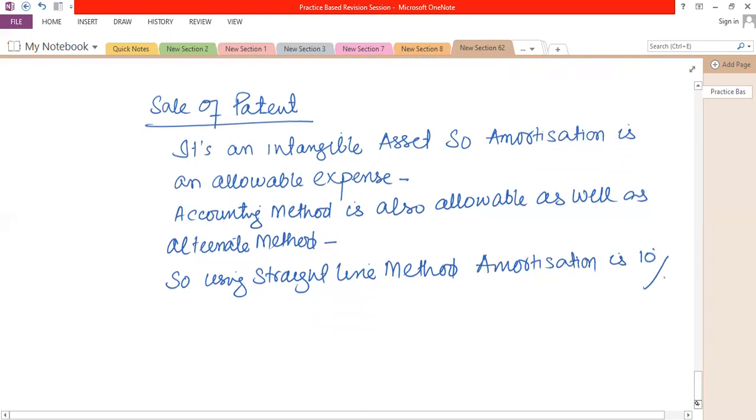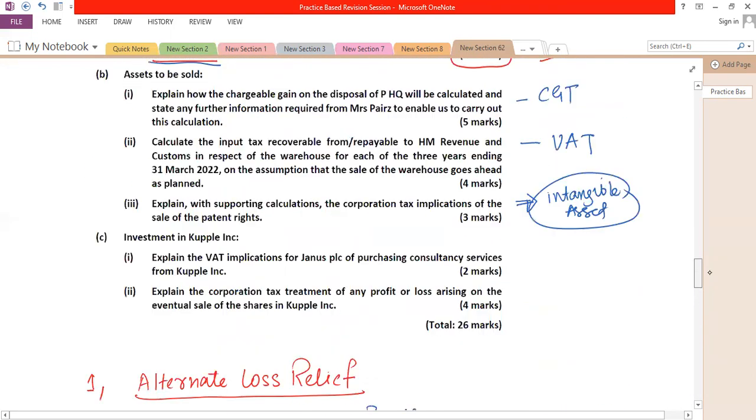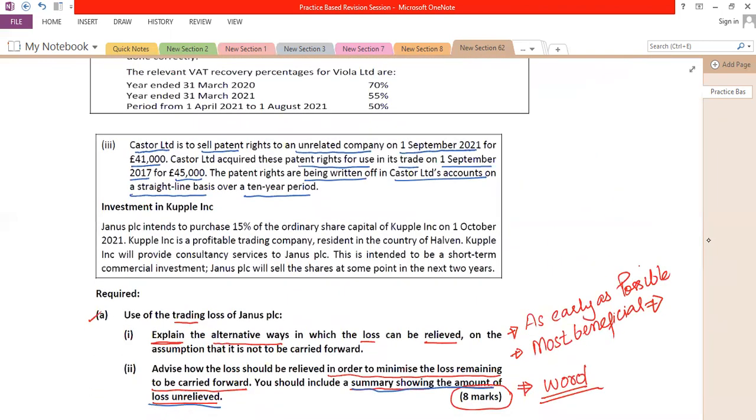Now, let's calculate the sale proceed. So what is my sale proceed? My sale proceed is 41,000. Amortization, for how many years do I have to use amortization? Check the period. The purchase date is 1st September 2017 and the disposal year is 2021.